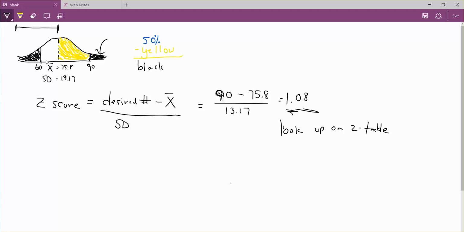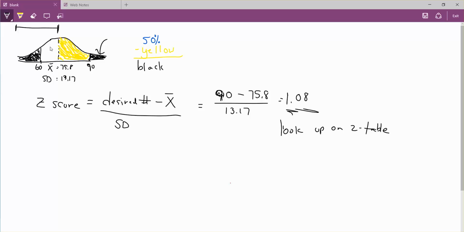Now, the yellow shaded area and the area that I'm highlighting right now with my cursor are identical. Since this is a symmetrical curve, I could basically fold it in half on this dotted line, and the two halves would overlap perfectly.